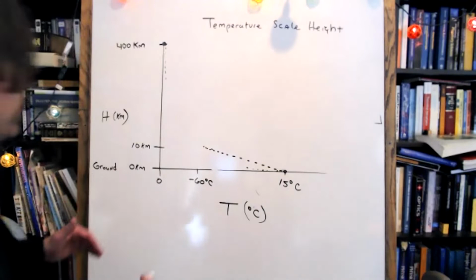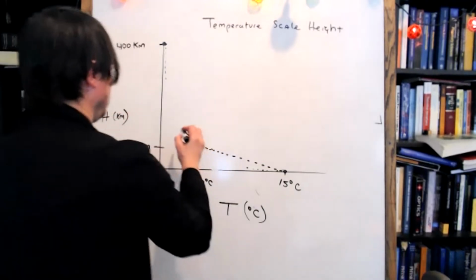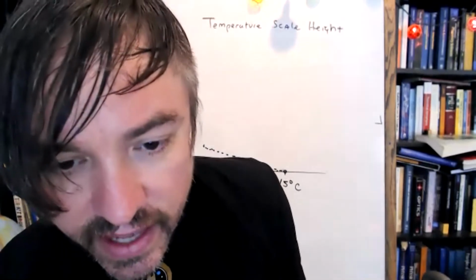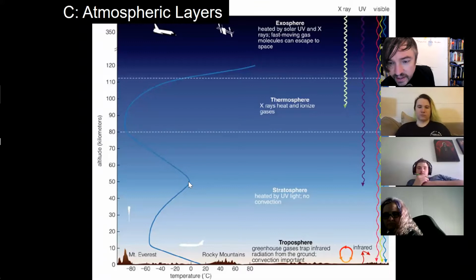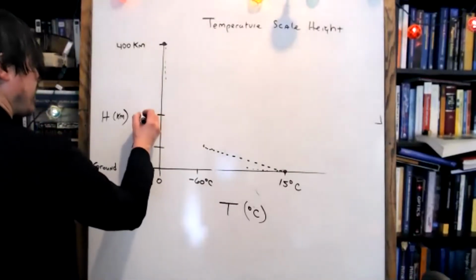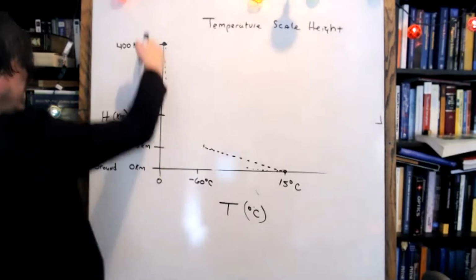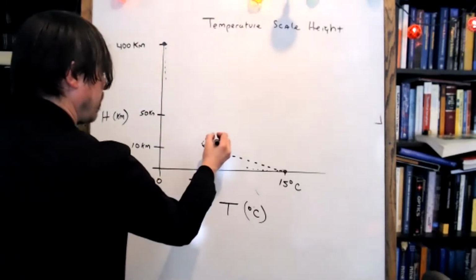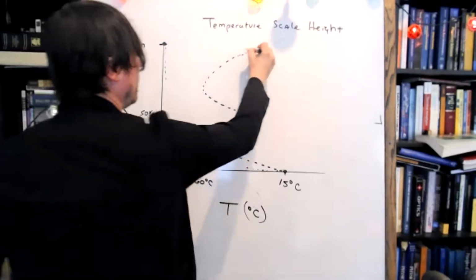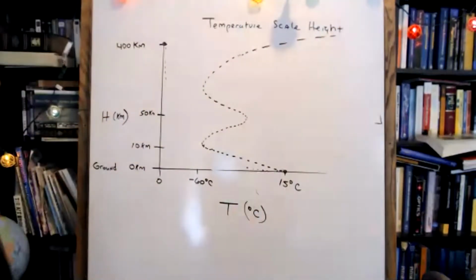Then it turns around, and I think it peaks around 50 kilometers. Let's just check that again. So you can see somewhere around 50 kilometers, we get the temperature rising again to make the stratospheric bump, and then it drops to 80, okay? So this graph won't make a ton of sense, but in terms of its scale, we'll go back up, we'll come back down, and then we'll keep going up forever.